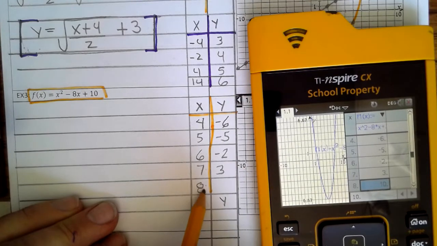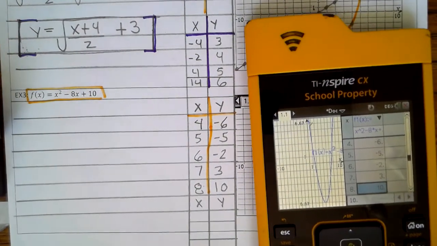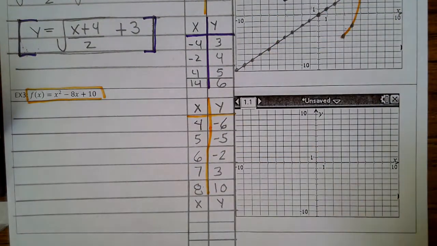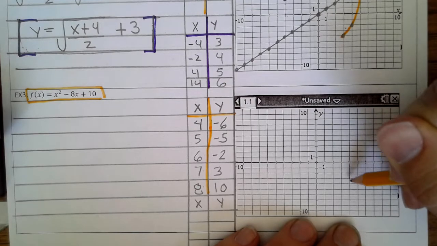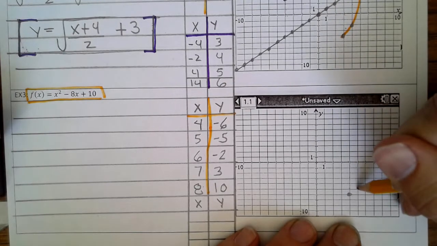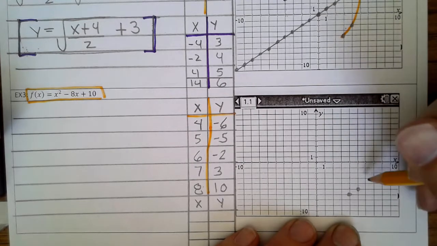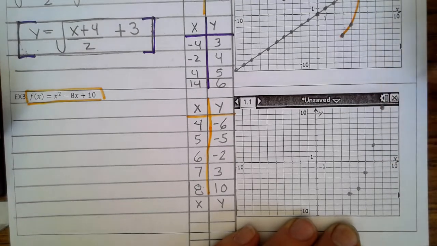So 4, negative 6, 5, negative 5, 6, negative 2, 7, 3, and 8, 10. All right, and we want to graph the y equals x line.